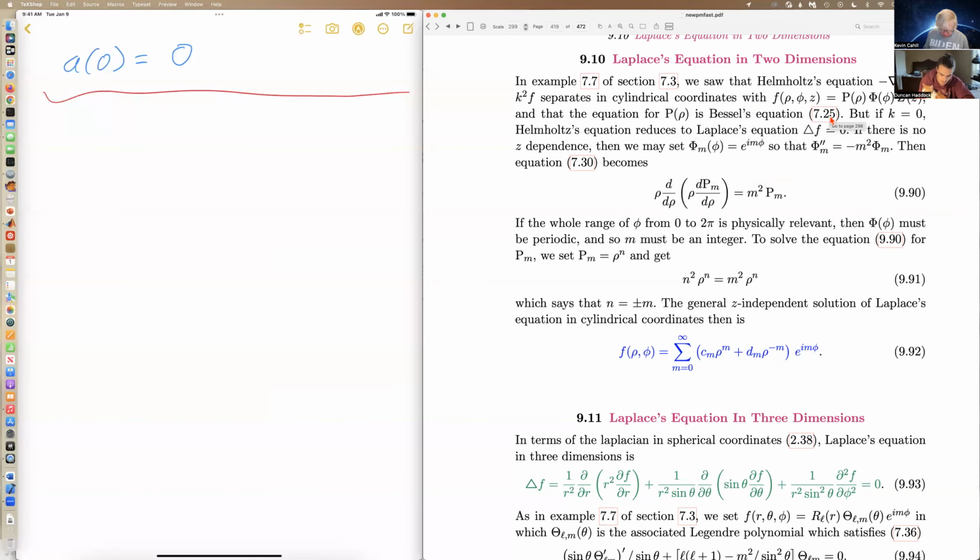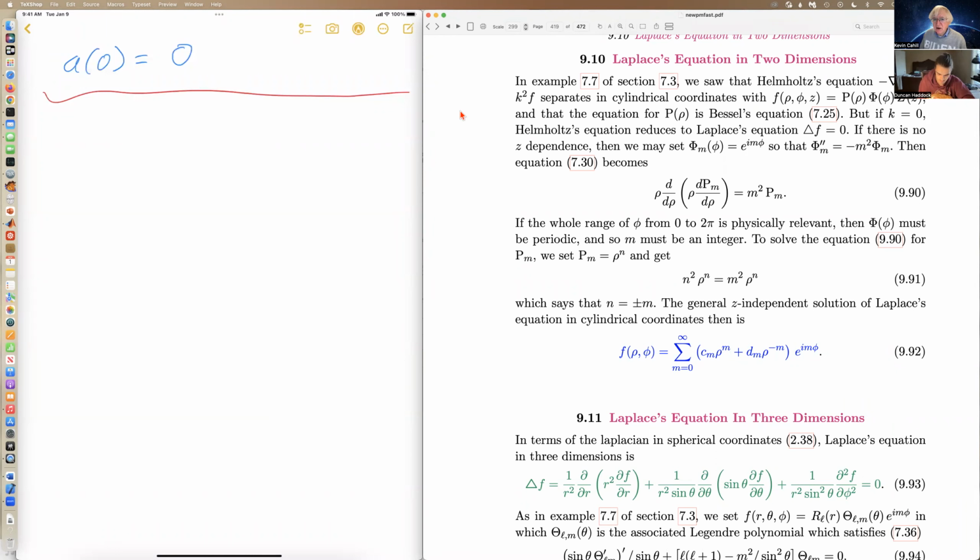In cylindrical coordinates, I've said to you before, there's less symmetry, and so the Bessel functions are not as nice as the spherical Bessel functions that occur in spherical coordinates.